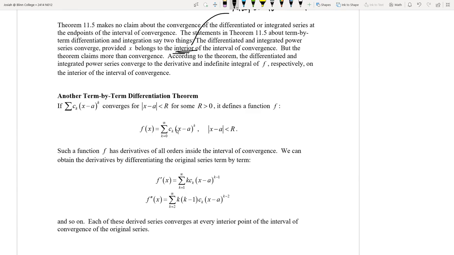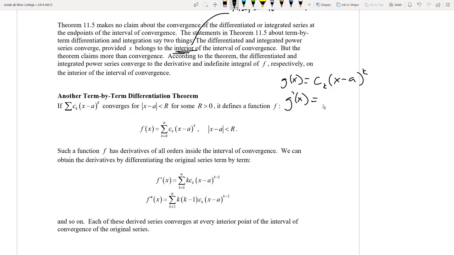If we think in general, what if my function was, let's call it g of x, and we're not even looking at the summation. We just look at c sub k times x minus a to the k. If I wanted to take the derivative, I would do the power rule.